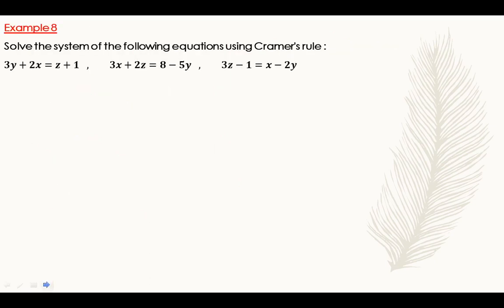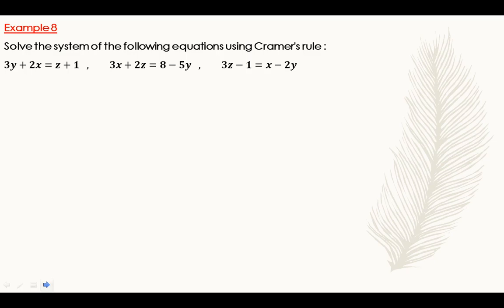In this example, we are going to solve the following system of equations using Cramer's rule. But in this case, you see that we have three linear equations. So we want to find the solution set for a system of linear equations formed from three equations.